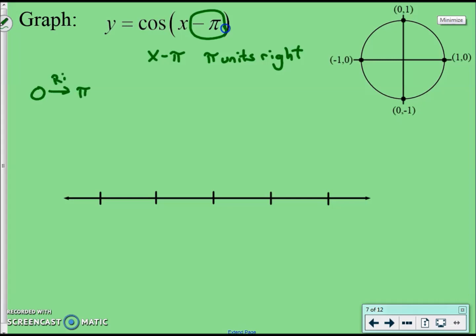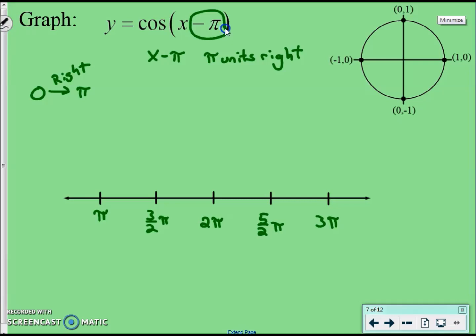So our first value we're going to draw in here would be pi. And then we're going to increase by half pi each time. So I go from pi to 3/2 pi to 2 pi to 5/2 pi, and then to 3 pi.